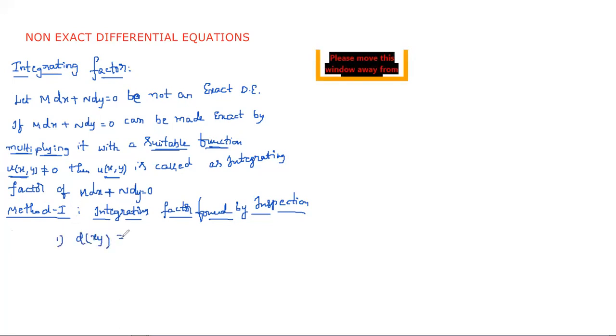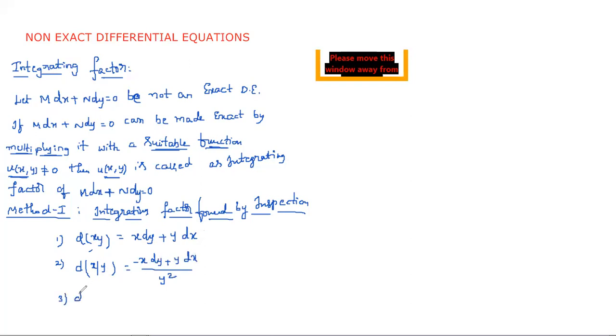Derivative of xy is x dy plus y dx, from the uv formula: u into v dash plus v into u dash. Next, derivative of x by y is (y dx minus x dy) by y square, from the u by v formula: (v u dash minus u v dash) by v square.